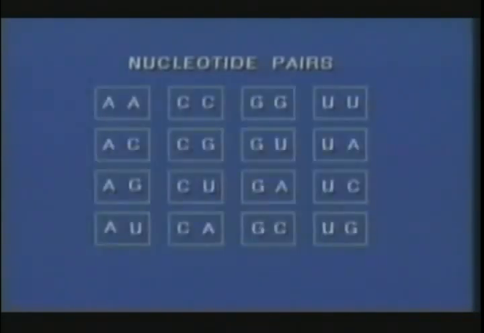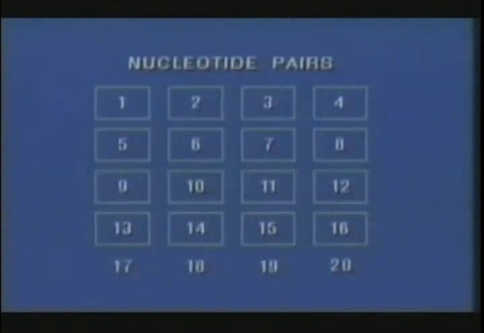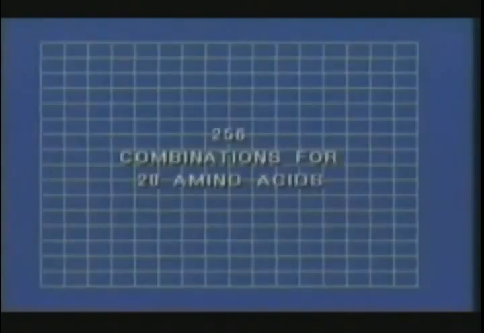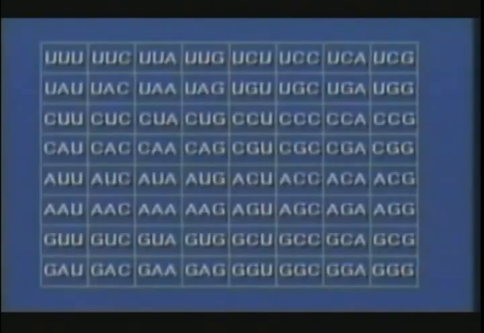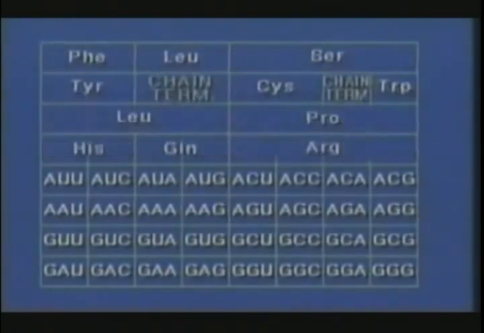Pairs of nucleotides would provide 16 possible combinations, too few to account for the necessary 20 amino acids. And quadruplets would provide far more combinations than are needed. Nucleotide triplets, however, provide 64 possible combinations, a comfortable margin for the 20 amino acids that must be coded for.